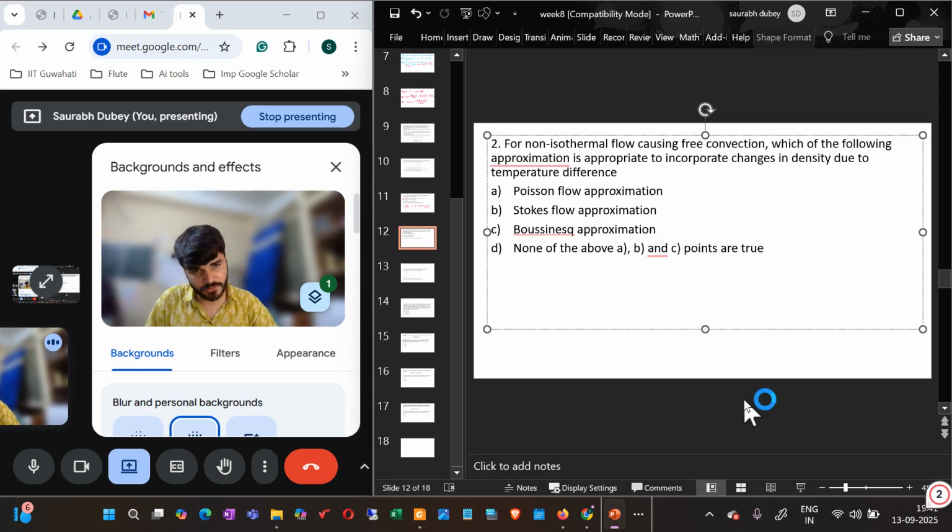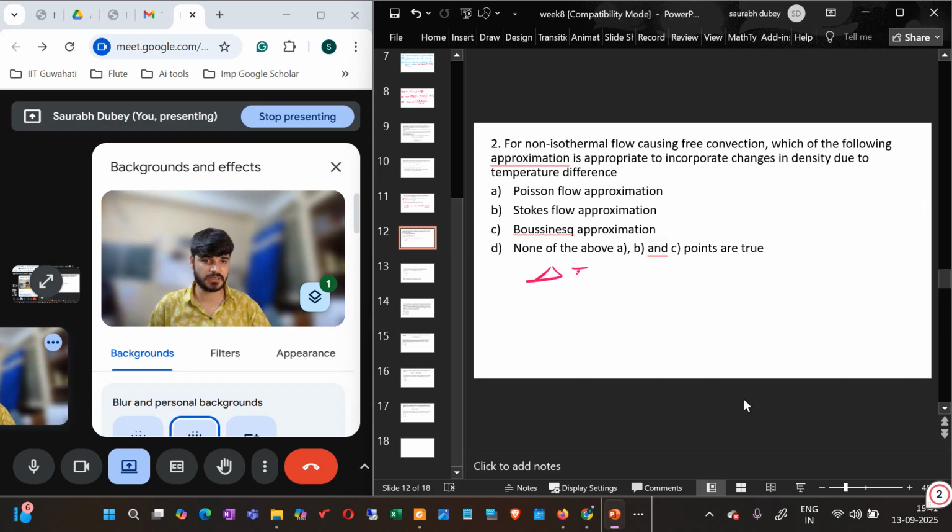So for non-isothermal flow causing free convection, the temperature difference delta T is not very large. This should also be mentioned, but it is understood for free convection. Delta T, meaning T2 minus T1, should not be large.